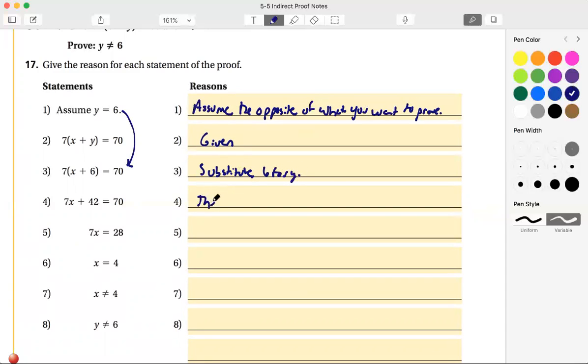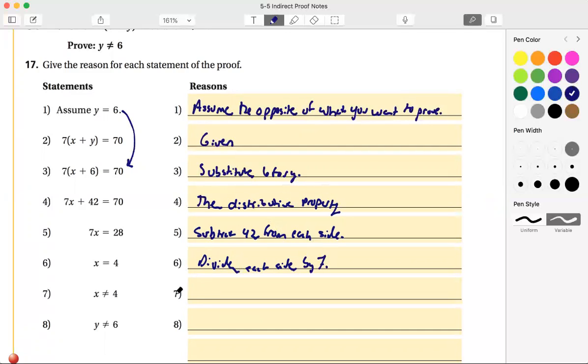Then we're going to use the distributive property. And then we're going to subtract 42 from both sides. Then we're going to divide both sides by 7.